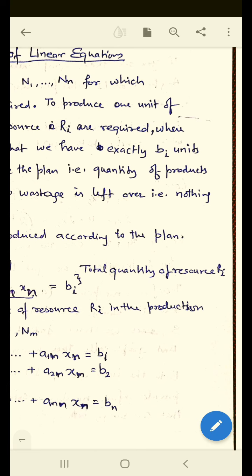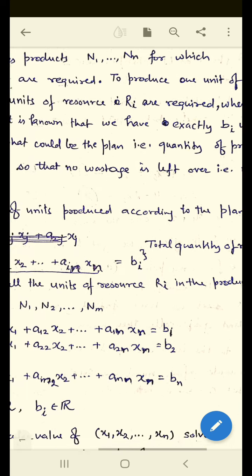If you want to minimize the wastage, then you have to equate the consumption to the availability of the resources.